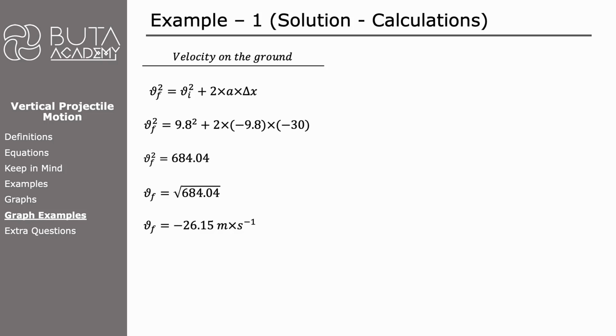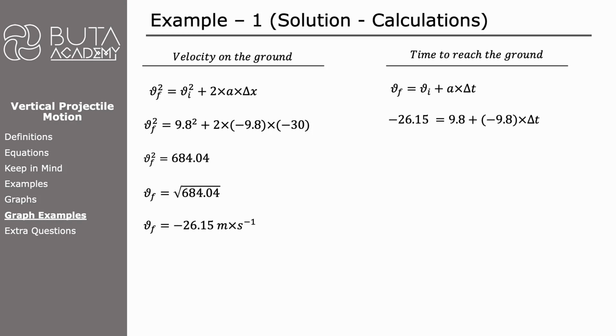The last quantity we are going to calculate is the time it takes the ball to reach the ground. There are many options to calculate it. We are going to use the formula V final is equal to V initial plus A times delta t. While considering the entire motion, the final velocity of the ball is minus 26.15 meters per second. Its initial velocity is 9.8 meters per second, and the gravitational acceleration is minus 9.8 meters per second square.